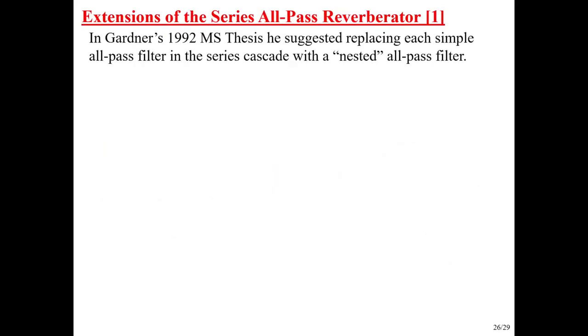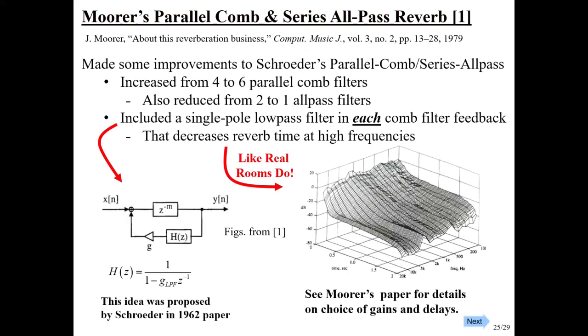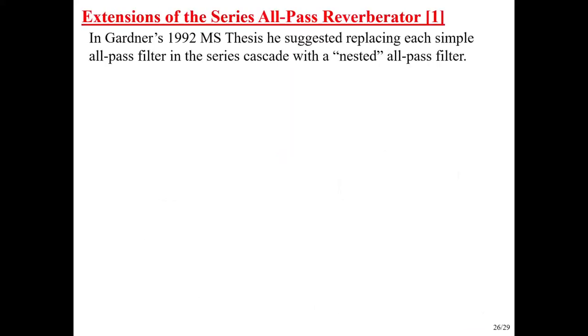What else happened? So that was 1979, 1992. Gardner is working on his MS thesis at MIT. If we think of Schroeder as the grandfather or godfather of all this, Gardner might be thought of as the prodigy child of Schroeder.